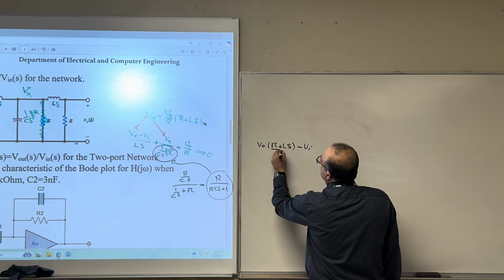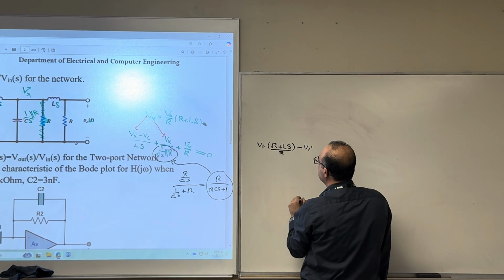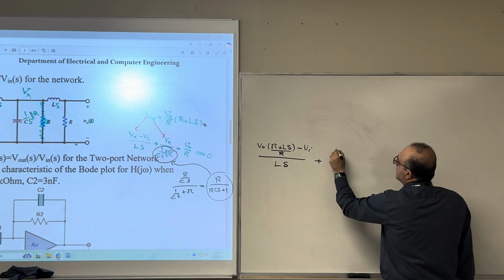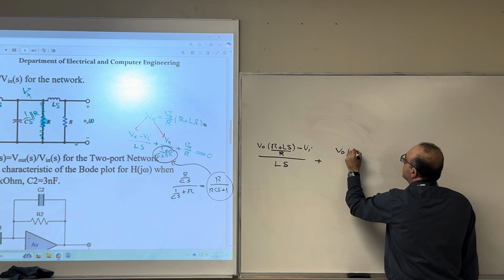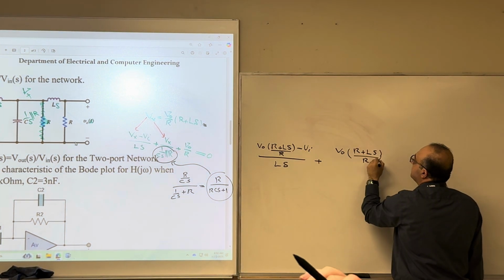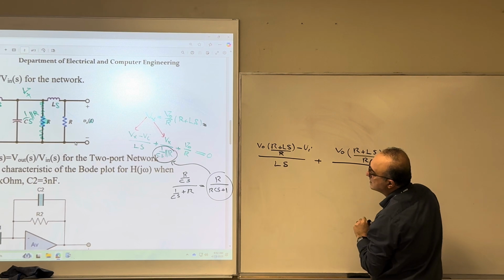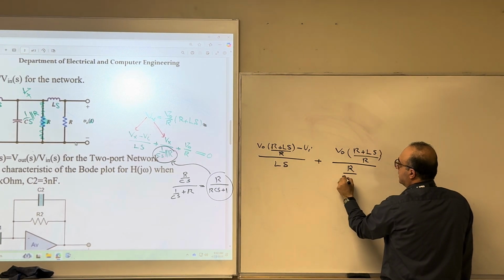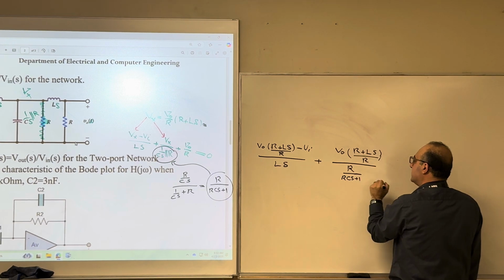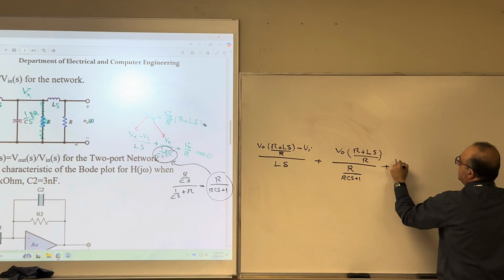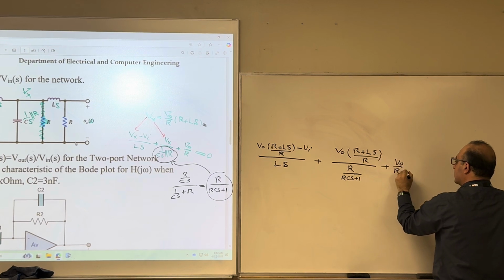Vx over R divided by Ls, plus VO over R plus Ls over R over what? R over RCS plus 1, plus VO over R equals 0.